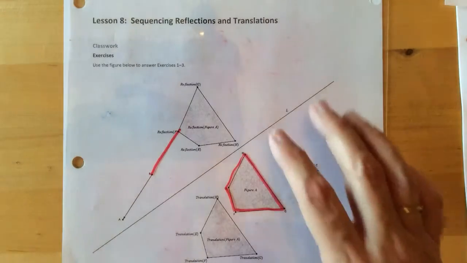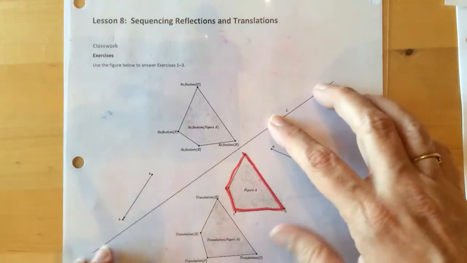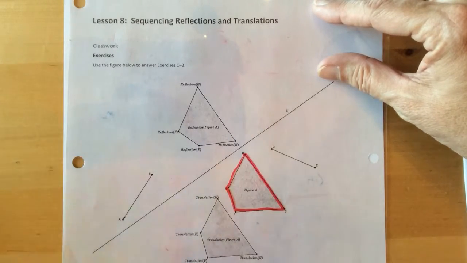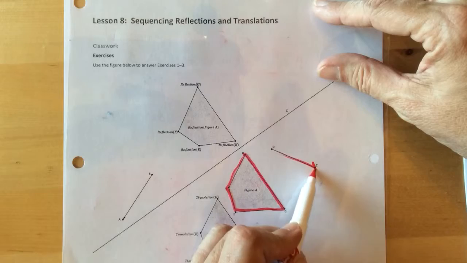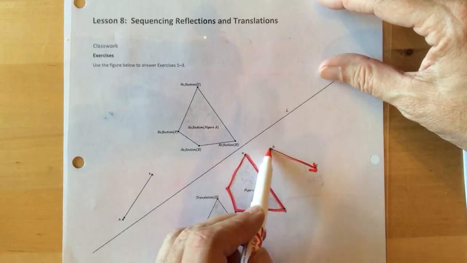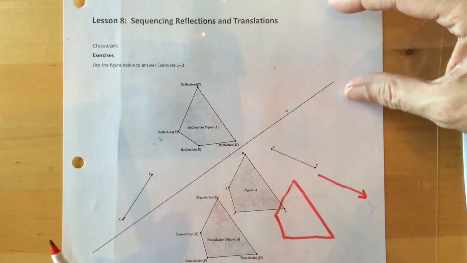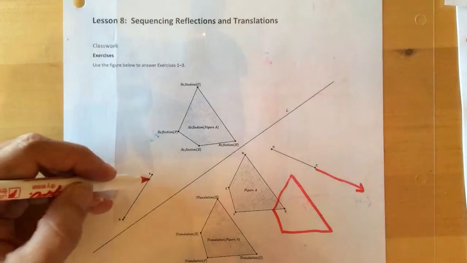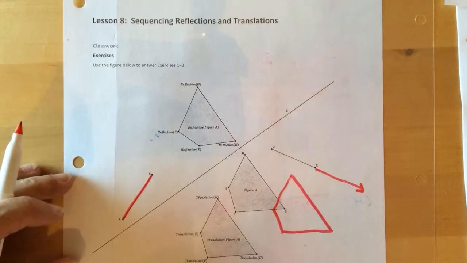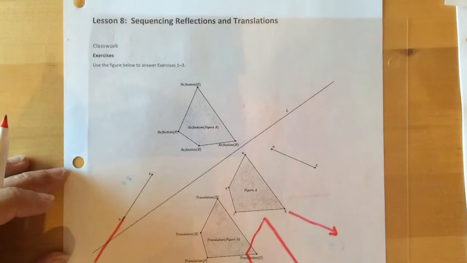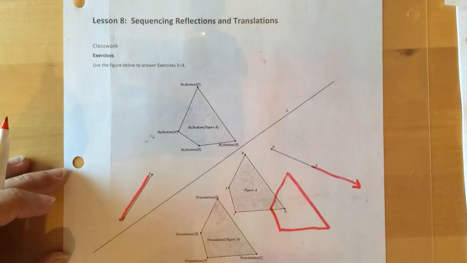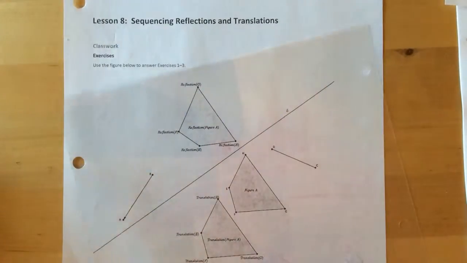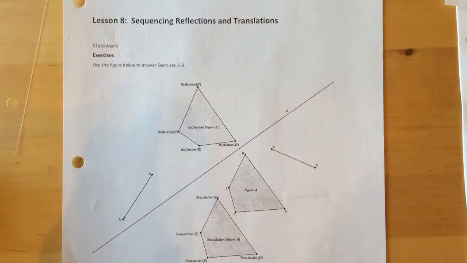So here's figure A. If I translate this along DC, it would take me over this direction. And then if I take this image along vector AB, it's going to move me down here. So that's not an undo for that. That's pretty intuitive. So hopefully you could see that the answer to that would be no.